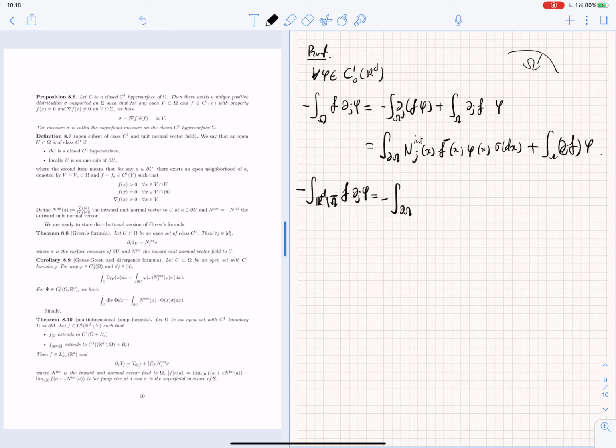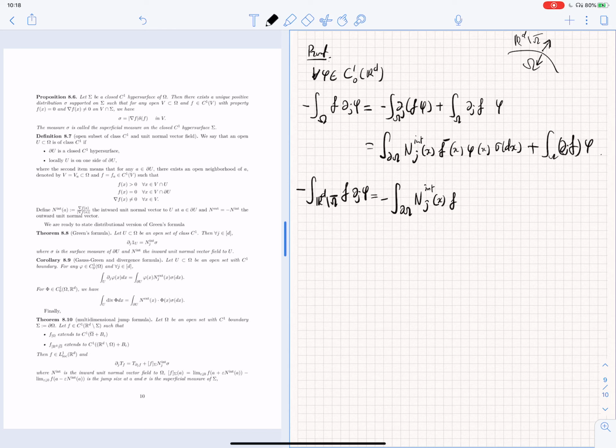This is omega. The inward normal means this for omega, but the inward normal for R^d subtract omega bar is the opposite. They are opposite to each other, and for this reason we can also have the inward unit normal vector field's j-th component here.